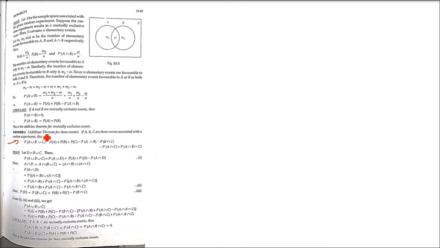There is one more theorem. Because we have taken two events, now we are taking three events. If A, B, C are three events associated with a random experiment, P(A union B union C) will be P(A) plus P(B) plus P(C).